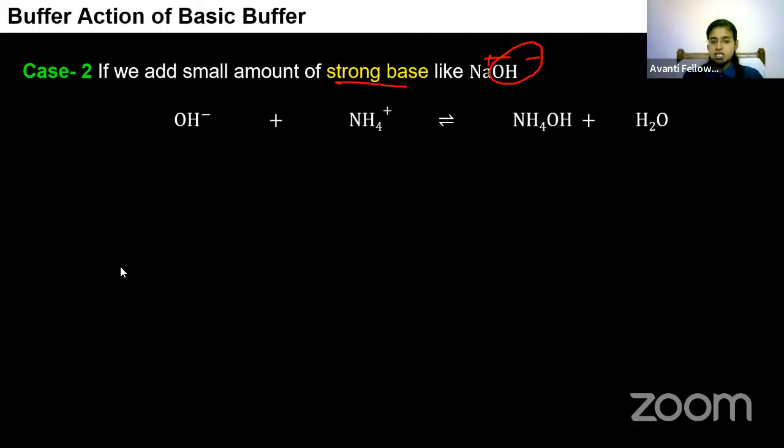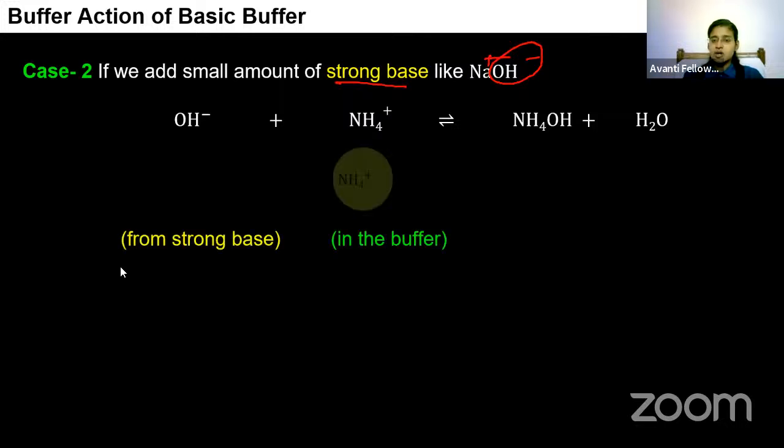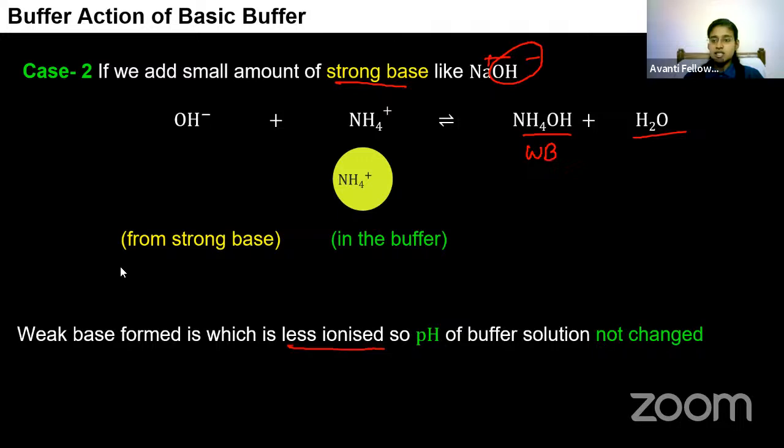Okay, so the OH minus has come from the strong base I have added and the NH4 plus ion is already present inside the buffer solution. So they produce a weak base and water. Okay, and this weak base which has formed is very less ionized. It is less ionized because it is a weak base. So it cannot get separated into NH4 plus and OH minus. Okay, weak base means dissociation will not occur properly.